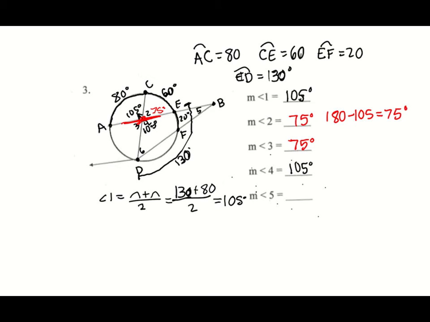So then all I have left is angle 5. And angle 5 is right over here. The vertex of this angle is outside my circle, so I'm going to use my equation from the previous page, which was my arc minus my arc divided by 2.